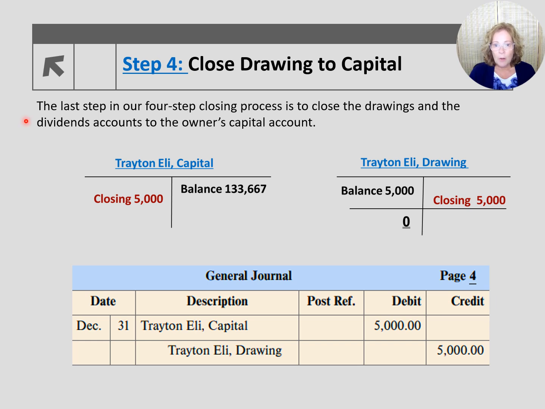The last step in our 4-step closing process involves closing the last temporary accounts, the drawings account and the dividend account, to the owner's capital account. We only have a drawing account with a debit balance of $5,000, which we need to close out to the owner's capital account. We debit Trayton Eli's capital and then credit Trayton Eli's drawing.